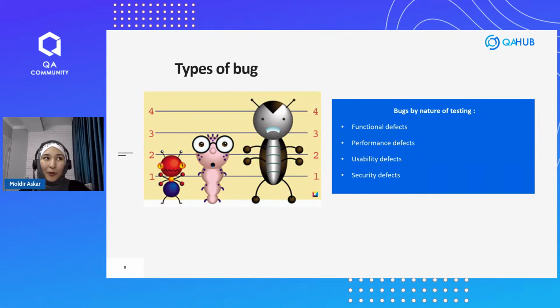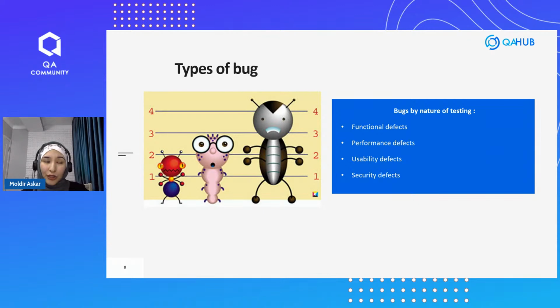It's a bug when our functions don't work correctly, or don't work at all. For example, in the system we have a login function, but when the user correctly enters the password and logs in but can't be redirected to their profile, it's a functional defect.